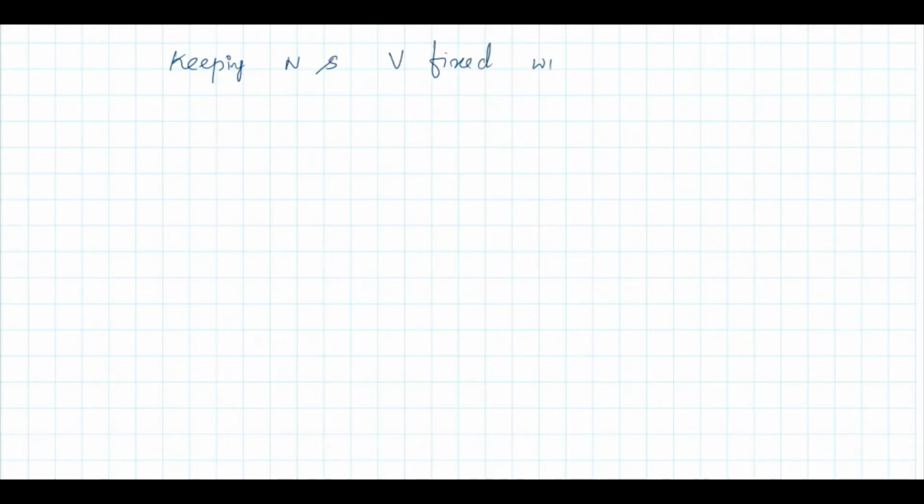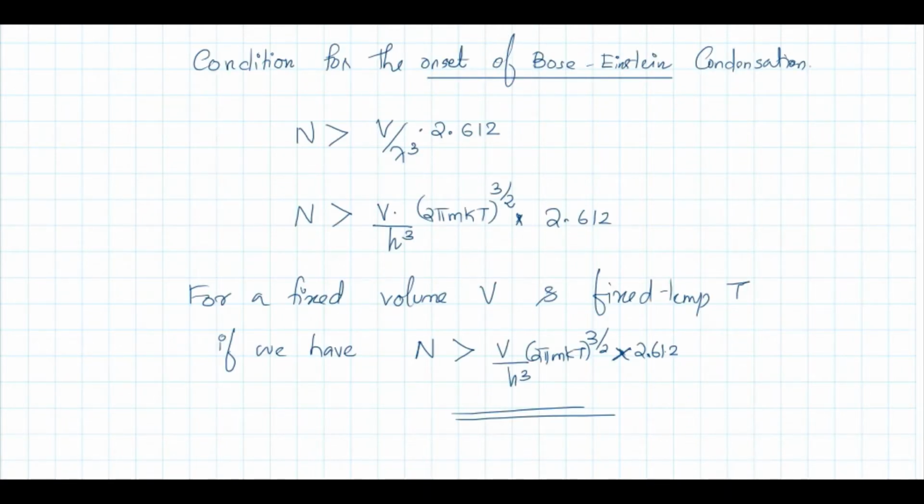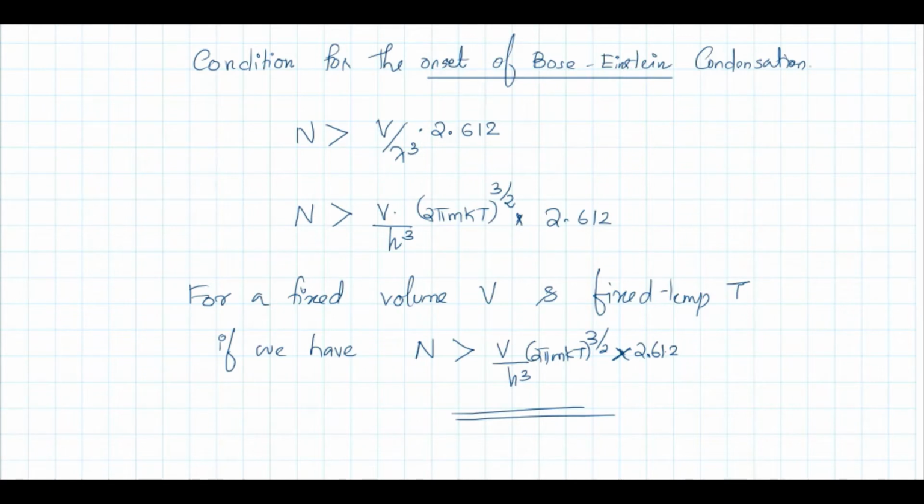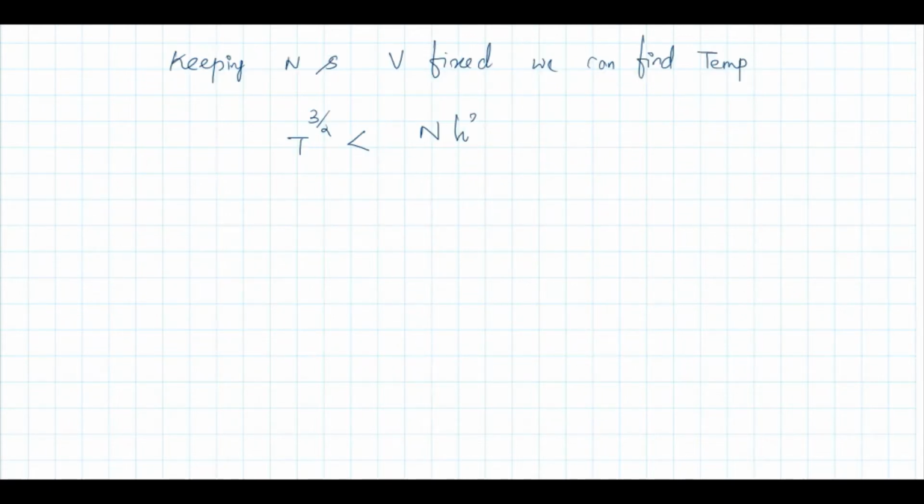We can find the temperature for the onset of Bose-Einstein condensation. So from this equation, you can see that the condition is T raised to 3 by 2 should be less than N. Here you have N, you can take this h cube to the numerator, and 2 pi mk raised to 3 by 2 will go to the denominator, and there is a 1 divided by 2.612 also.